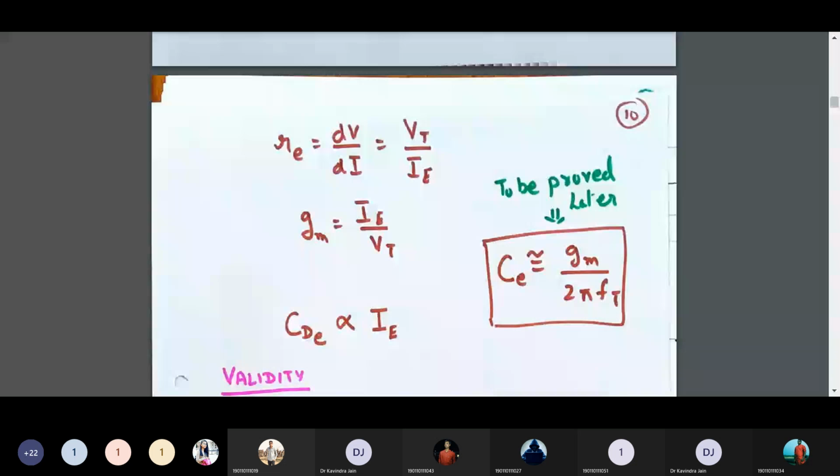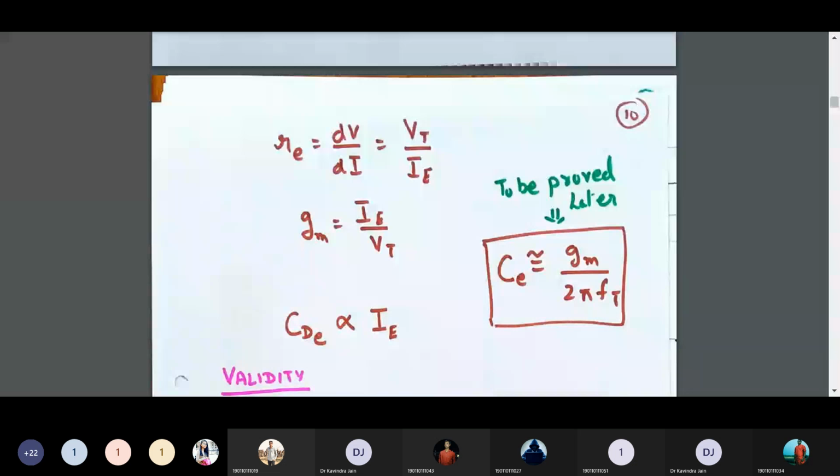That is, the diffusion capacitance present in the circuit depends not on the output, but on the common emitter current IE. That is the final conclusion.